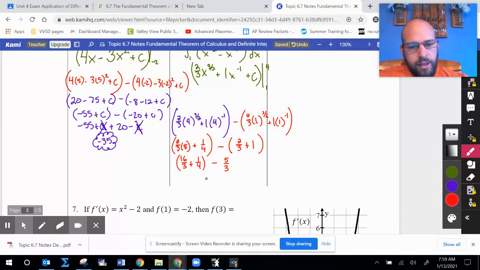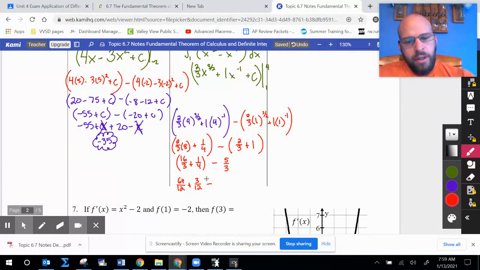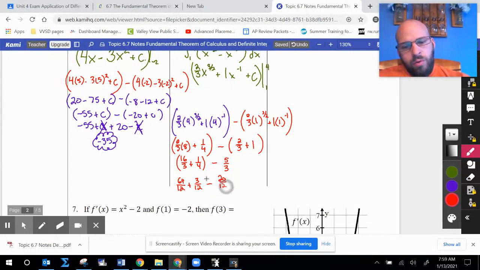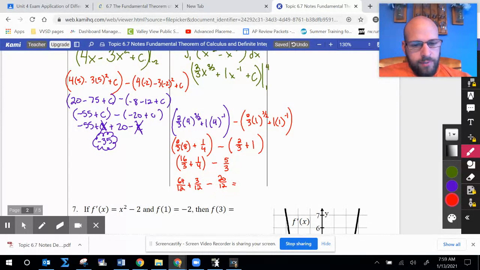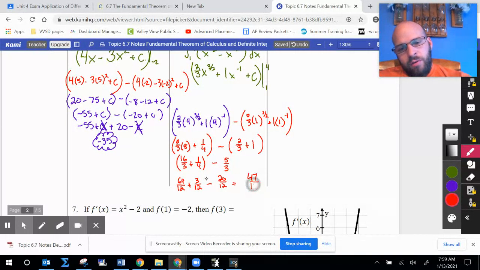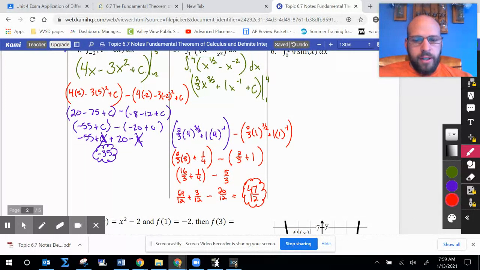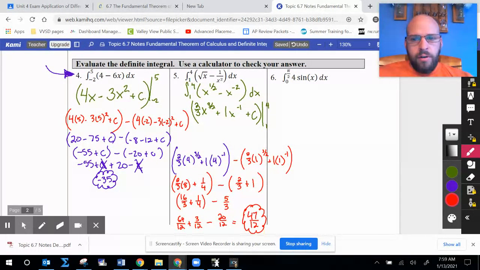So if I multiply, I get 64/12 plus 3/12 minus 20/12. And that gives me 47/12. And that would be my final answer. That's the area under the curve.